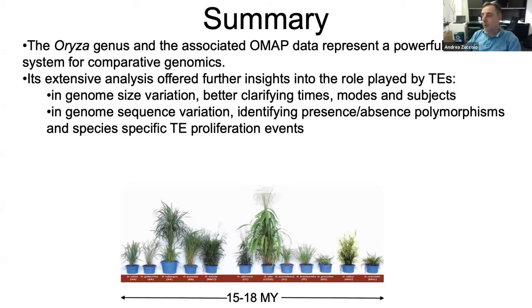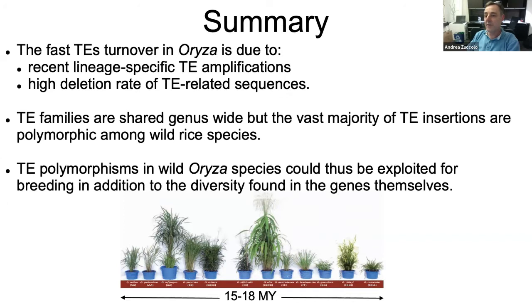The analysis of the OMAP data allowed us to get further insights into the role played by TEs in genome size variation. We clarified tempo and mode, and in genome sequence variation, we were able to identify presence, absence, polymorphism, and species-specific proliferation events.